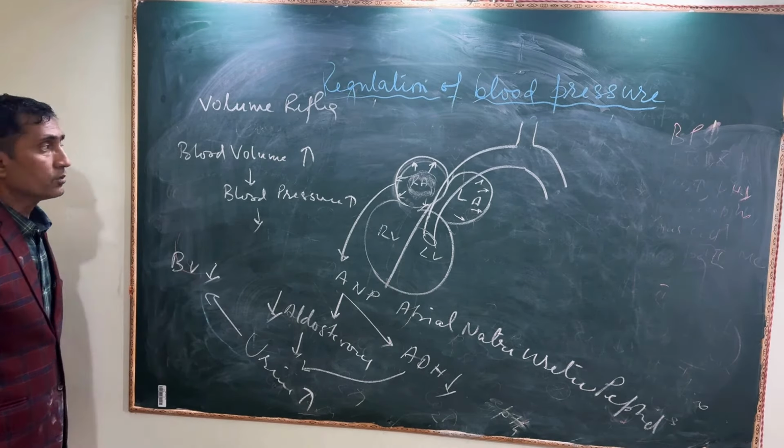Coming to the Bainbridge reflex. Two scientists discovered this, and according to their name, it is called the Bainbridge reflex. Here, as we all know, this is the heart, and this is the inferior vena cava.